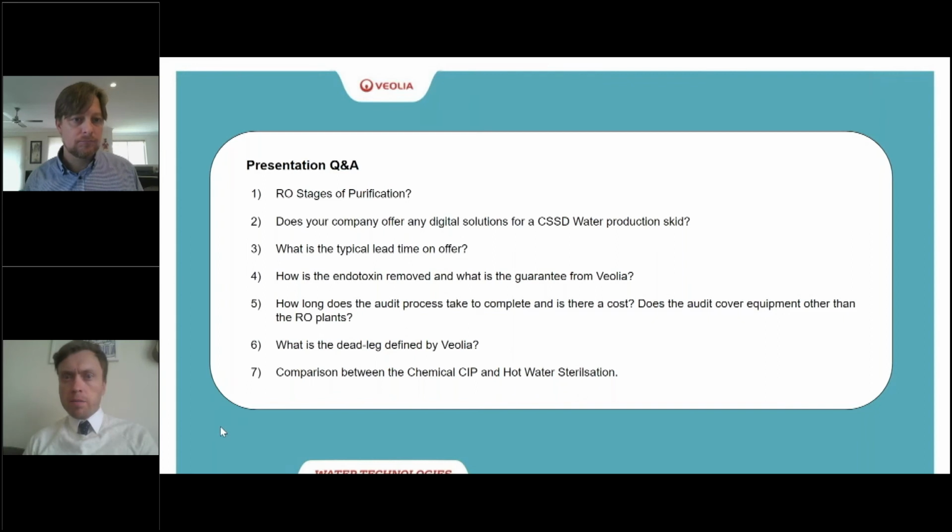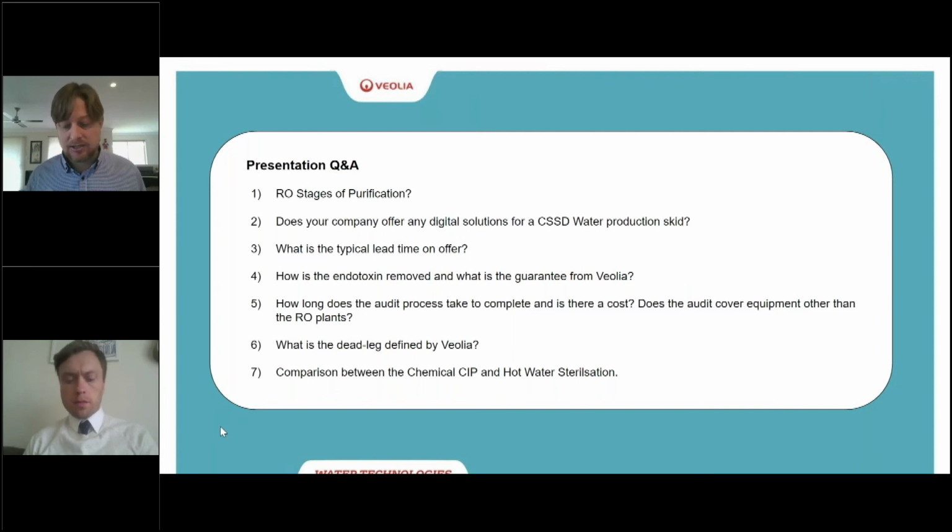Perfect. Next one off the rank would be, what is the typical lead time on offer? Okay, so our equipment, our Osiris and Thermopure units, which are typical equipment used for this application, are manufactured in the UK. Typical lead time is about 2 to 3 months. Again, it will depend on the equipment required for site.